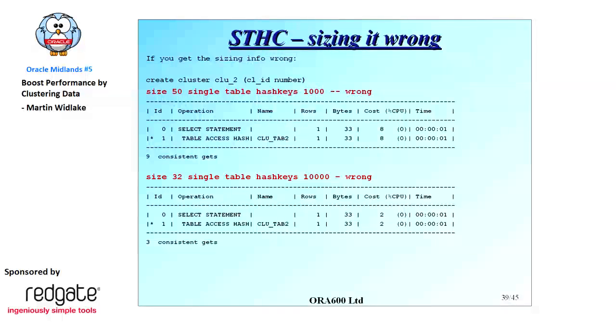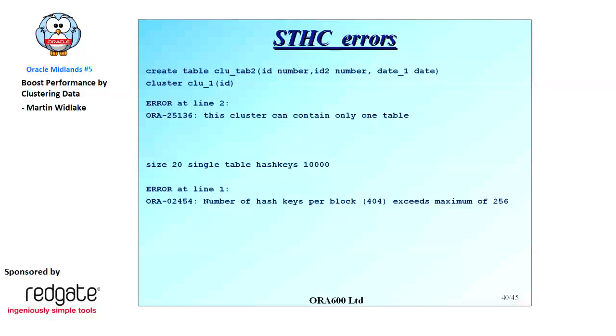I suffered a bit from using a small initial row size, but there you go. And just a couple of things. It really can only contain one table, and you can only have 404 clusters per, 256 entries in a hash key per block, on an 8K block size.